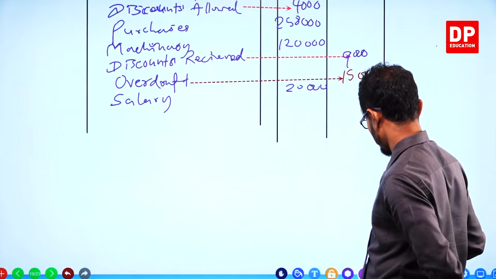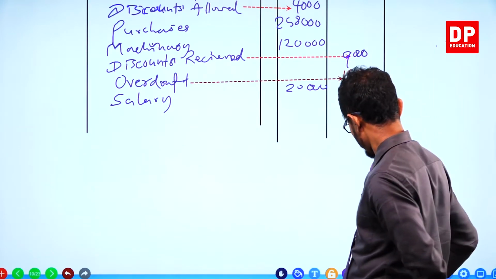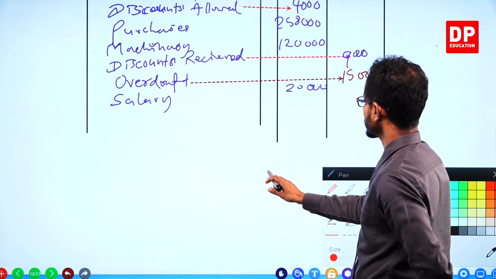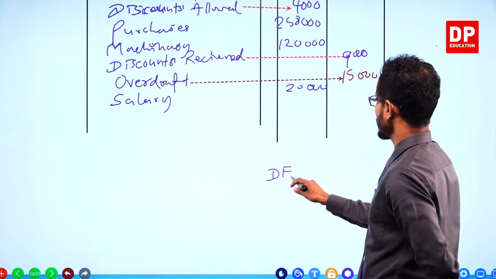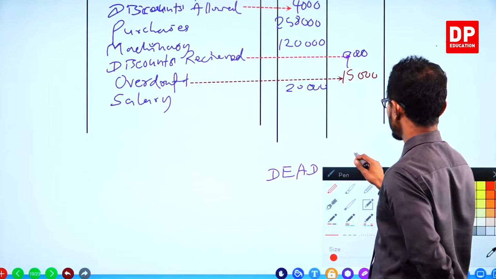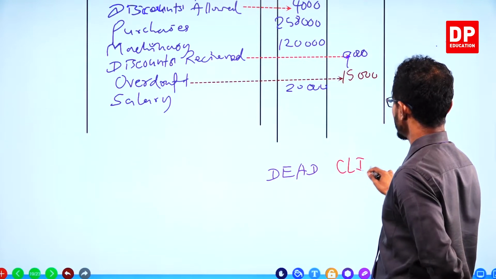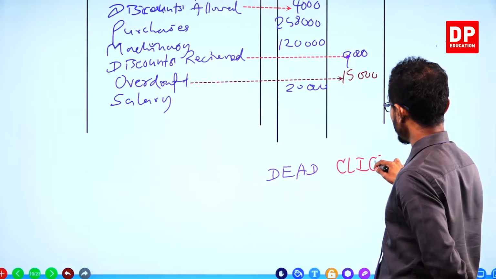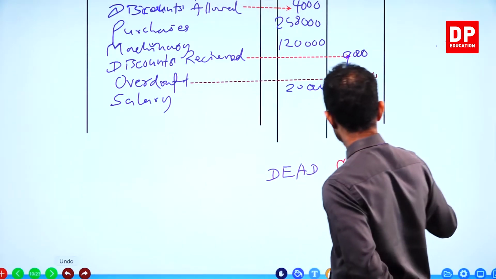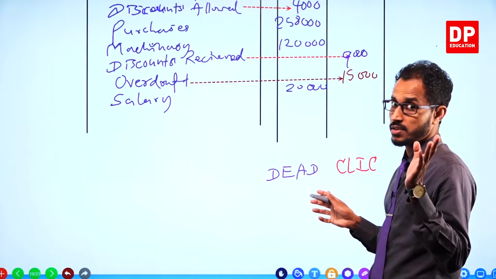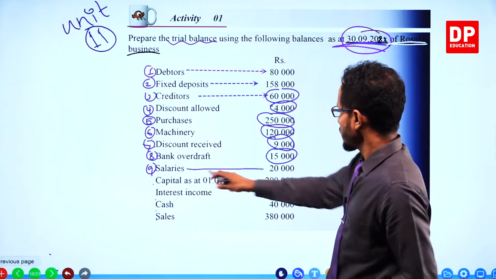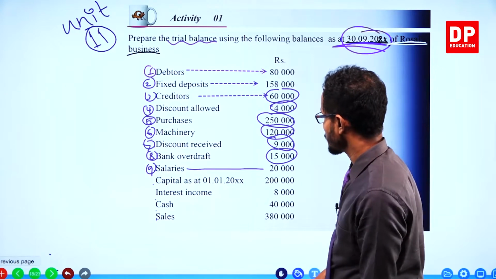All right. The debit credit system is very useful, right? Okay, so we took salaries and debited salaries.